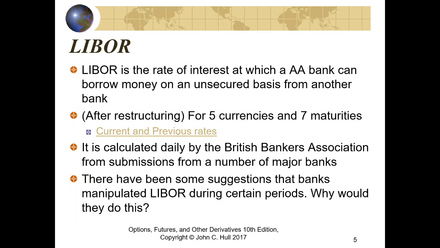So if they have 18 banks, they will rank the rates from the highest to the lowest, eliminate the top 4, eliminate the bottom 4, and then calculate the average based on the rest. And they will do this on a daily basis.